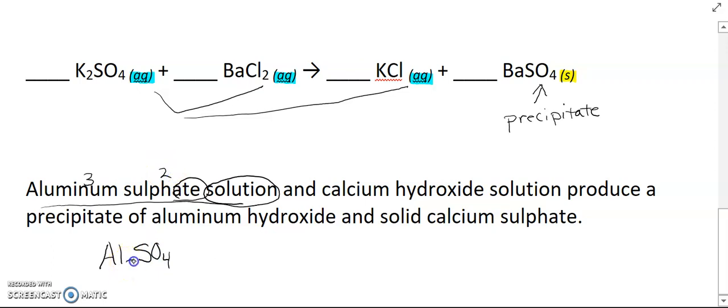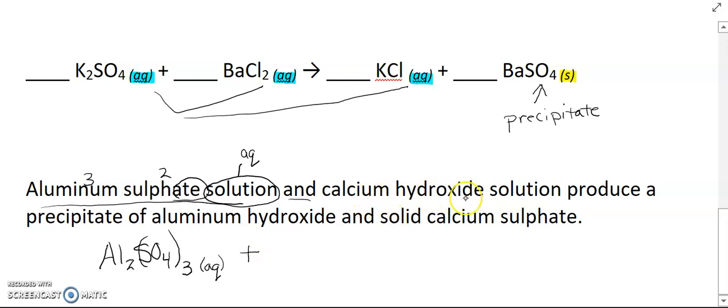So this would be written as Al2. The SO4 goes in parentheses, and there's going to be a 3 on the outside. But because this is a solution, the state of matter for this would be AQ. And so I would write next to it a small lowercase a and a q to tell what state of matter that is. That means that it's dissolved. And of course is my plus sign.